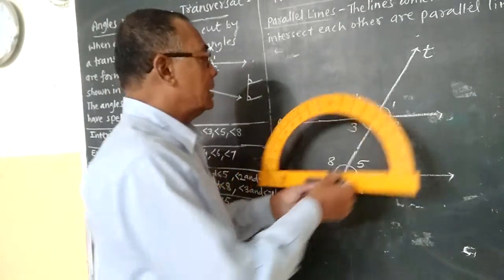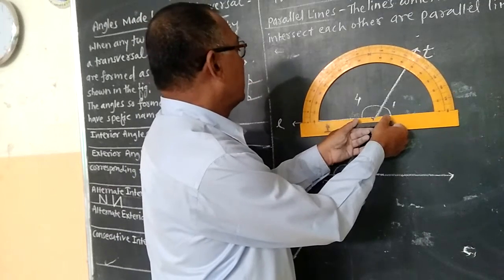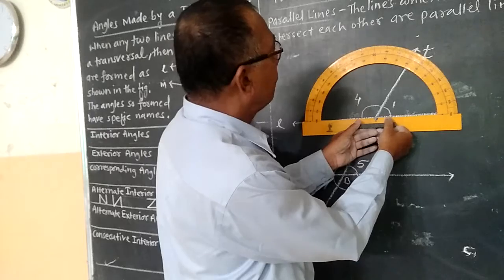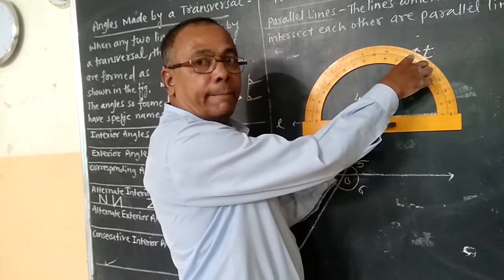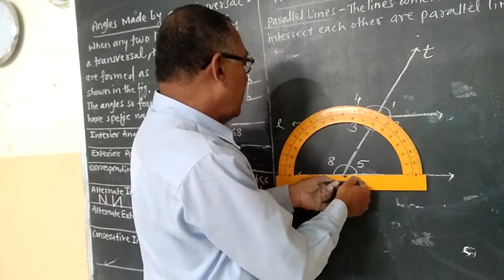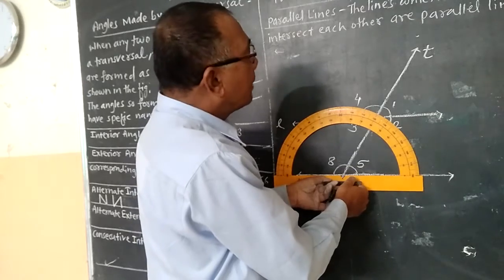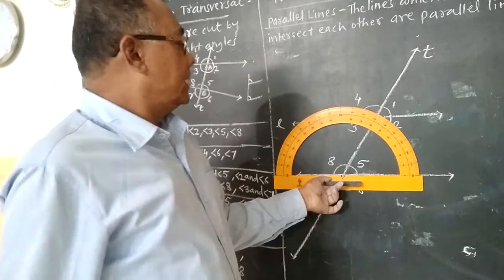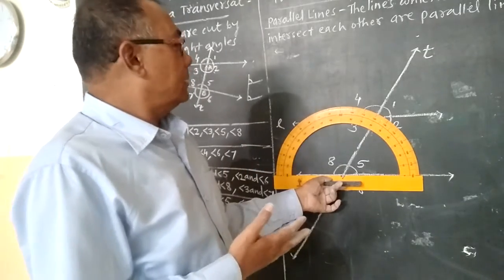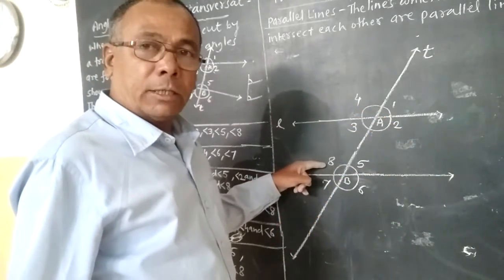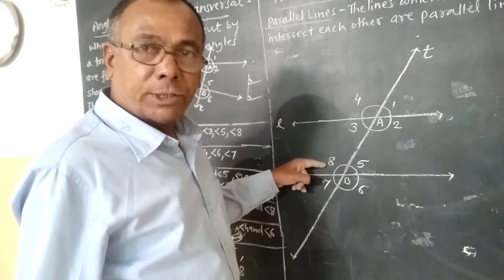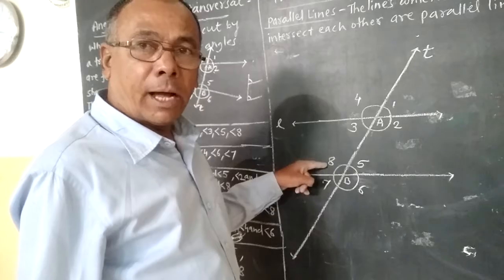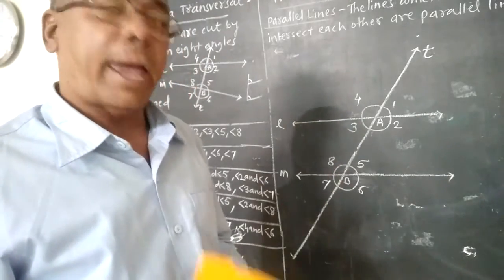Again we will see for angle 4. Angle 4 is 120 degrees, and angle 8 is also 120 degrees. Angle 4 and angle 8 have equal measure, and we know they are corresponding angles.